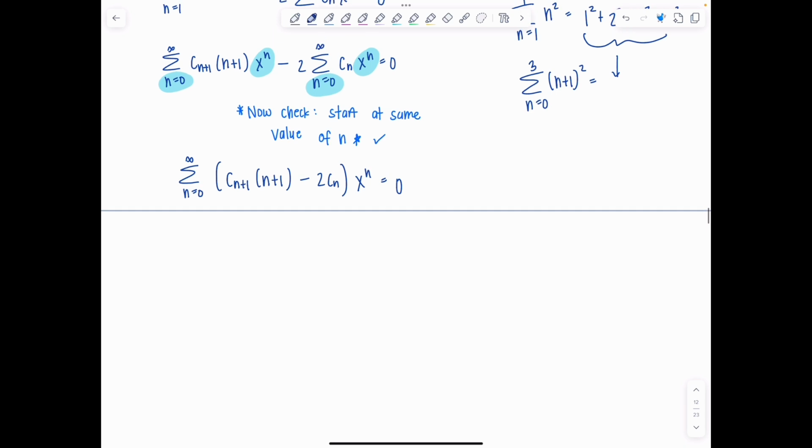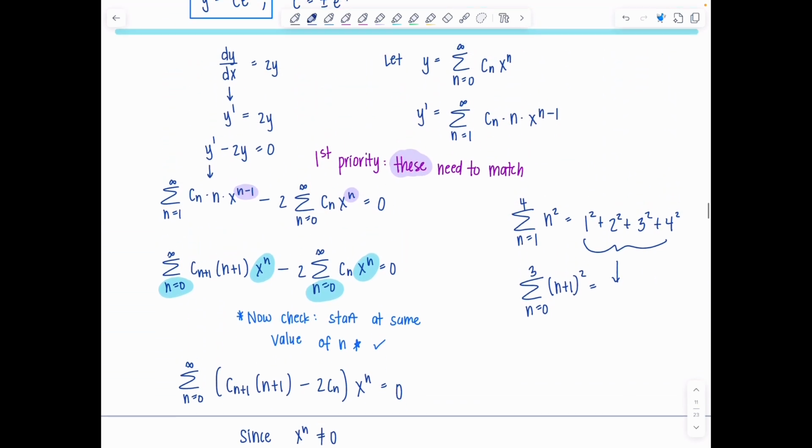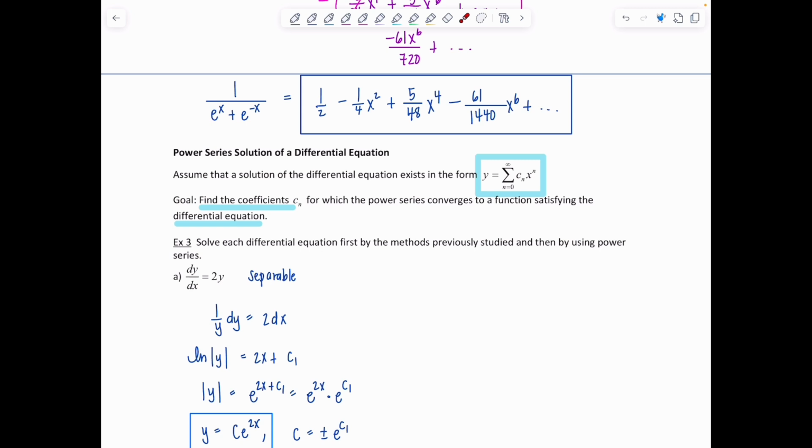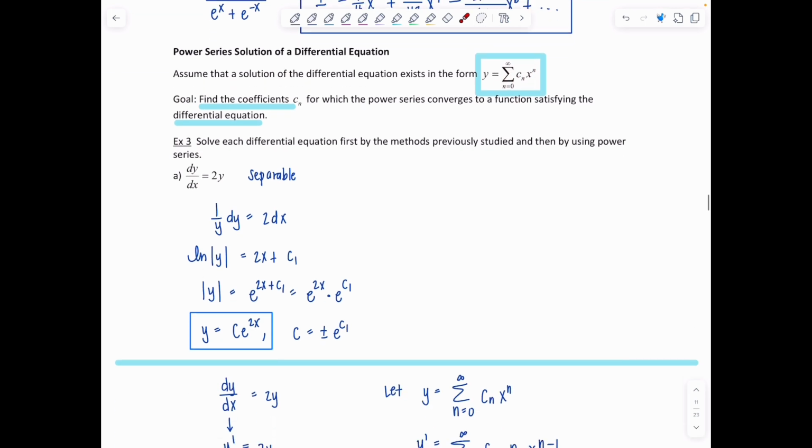Now, since x to the n cannot be 0, and why do I make such a bold claim? Well, we're interested in power series solutions that are non-trivial. So basically, I don't want y equaling 0 for every single term to be an option here.